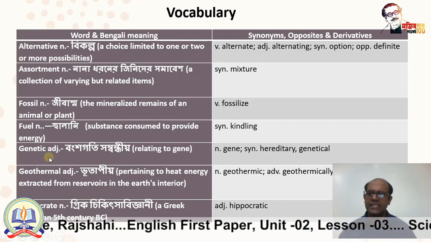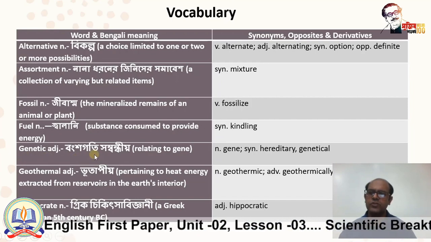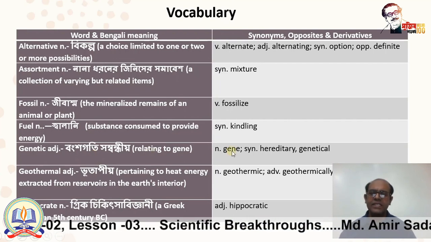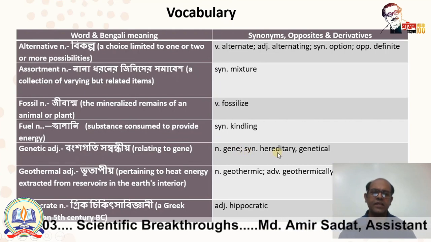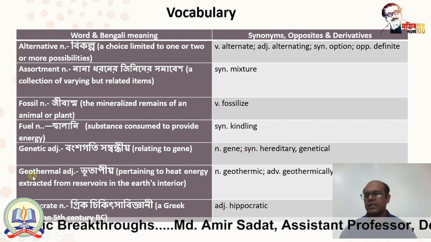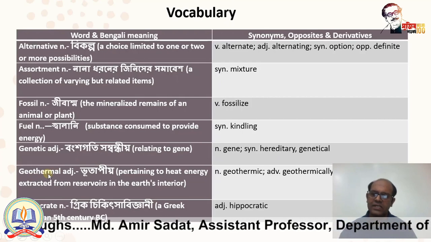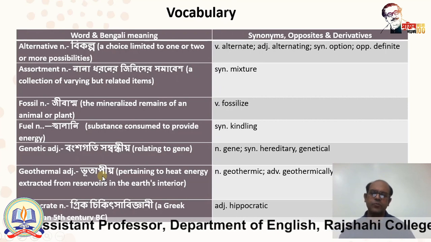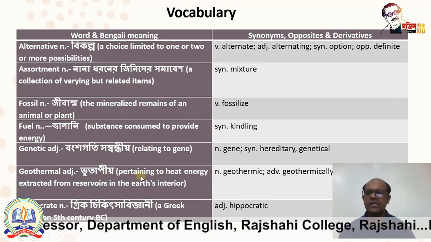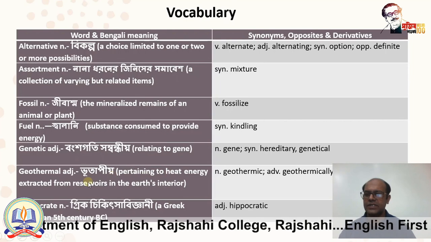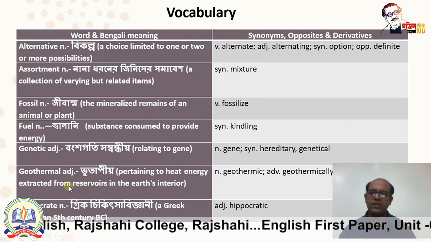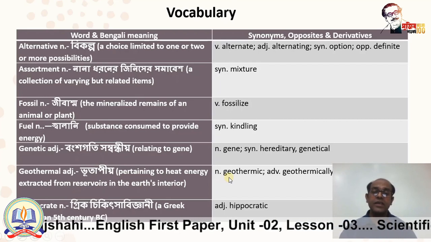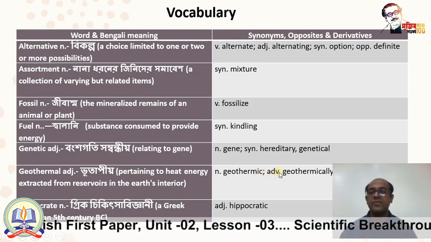Genetic is an adjective, and its Bengali meaning is bangshogoti sambandhiyo, relating to gene, and its noun is gene, and synonym is hereditary or genetical. Geothermal is a very important word. It is an adjective, and geothermal's Bengali meaning is bhutapiyo, and its English meaning is pertaining to heat energy extracted from reservoirs in the earth's interior, and its noun is geothermic, and adverb is geothermically.